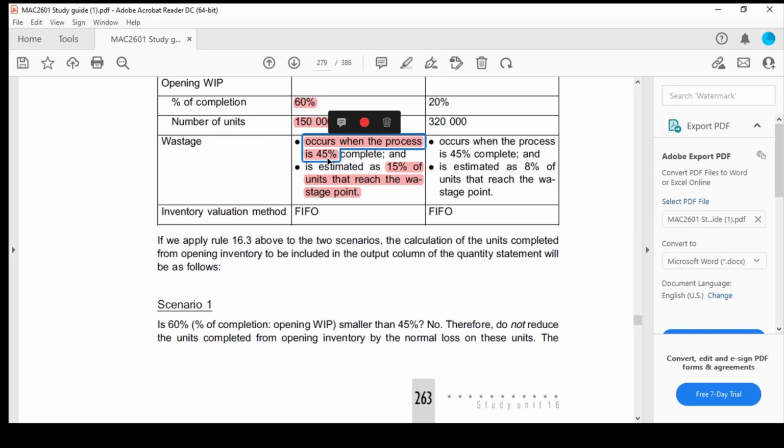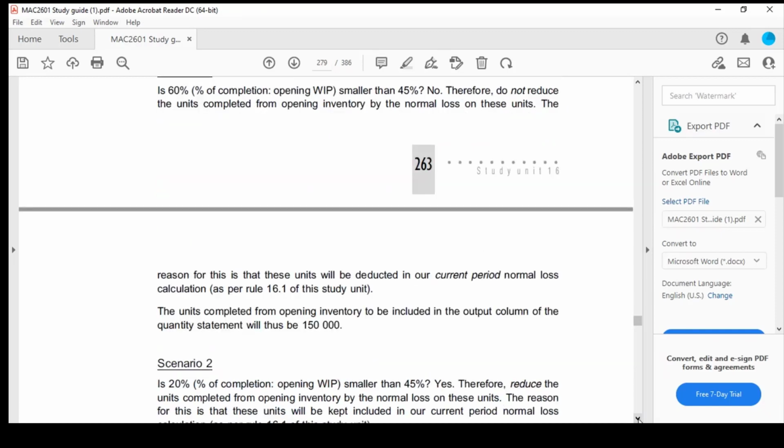It's a no. That means that it is already after the wastage point, right? Therefore, you don't reduce your opening inventory by the normal loss. Makes sense, right? Because that means that this opening WIP probably has already experienced loss in the previous process, so you don't want to double account.